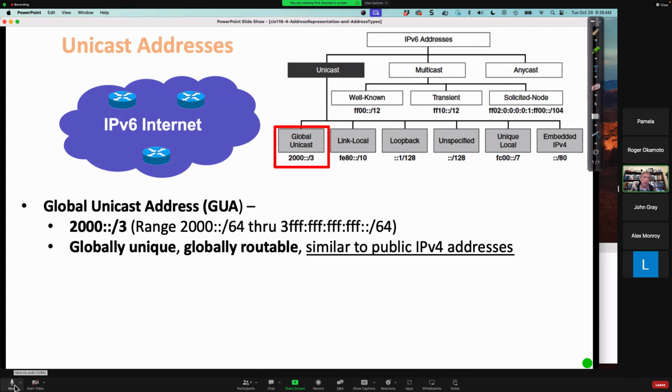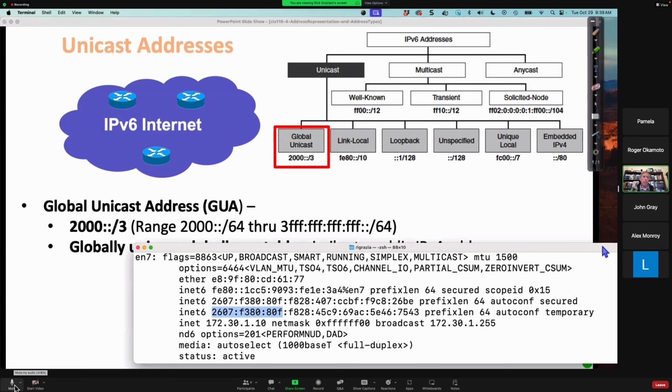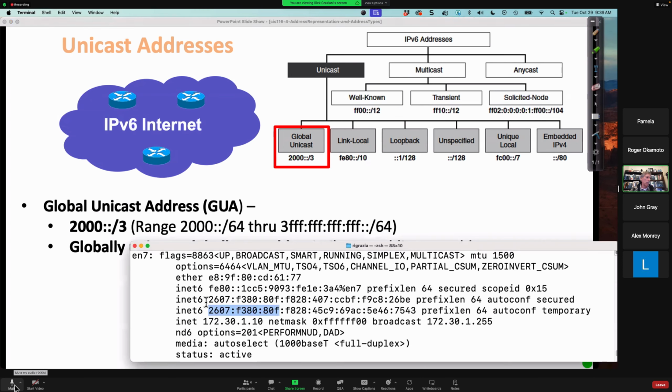We'll see that, if not today, definitely on Thursday. But these are addresses that are globally routable. Global unicast begins with a 2. Globally routable. The internet. Hey, we can get to these addresses.